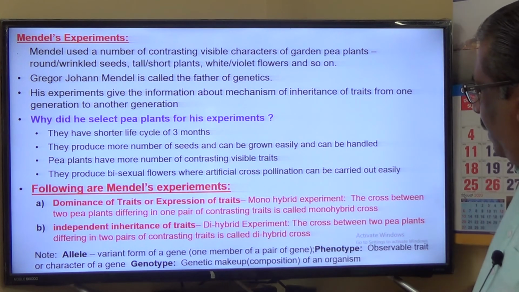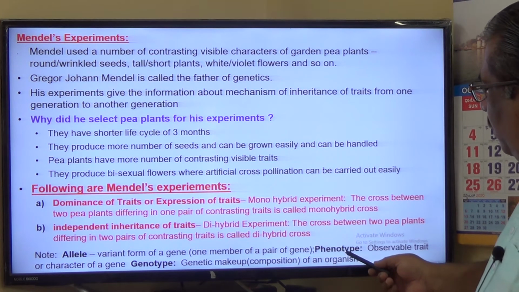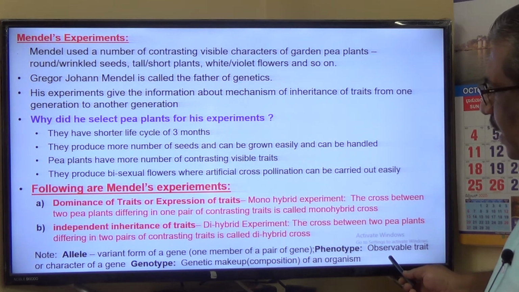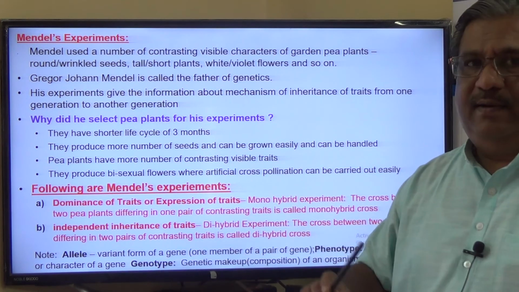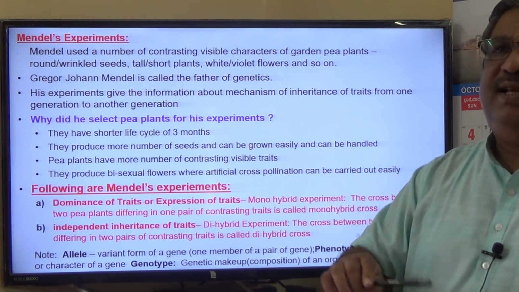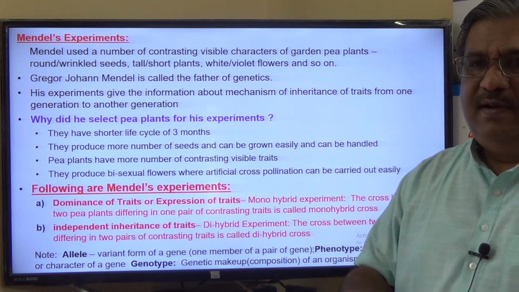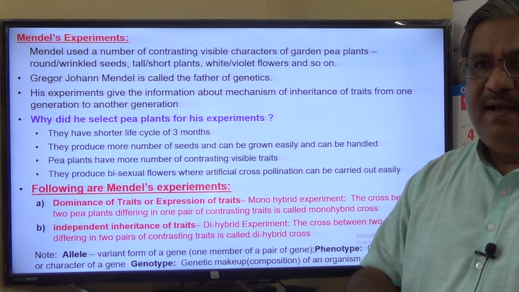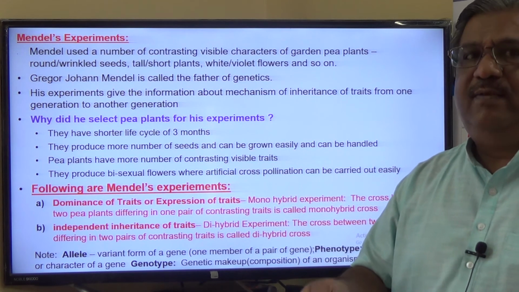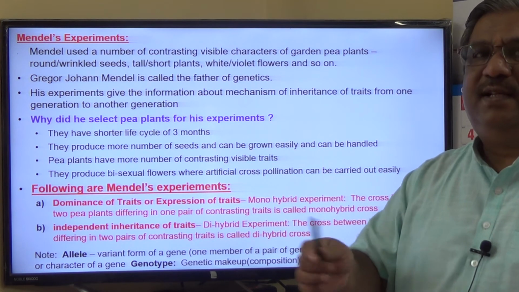What is a phenotype? Phenotype means the observable trait or character of a gene. That means if the gene is expressed, say for example tallness, and if the plants are tall, then we say the phenotype is tallness.